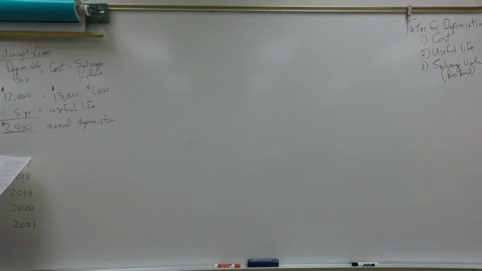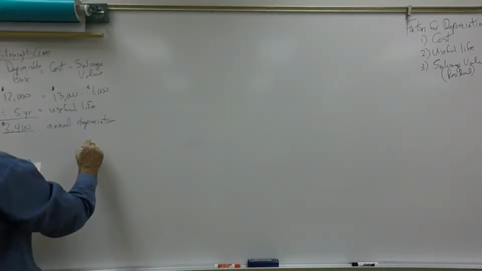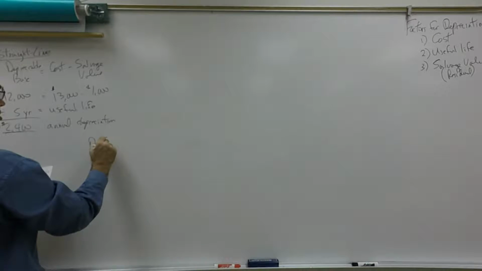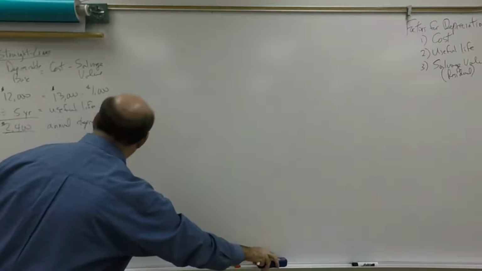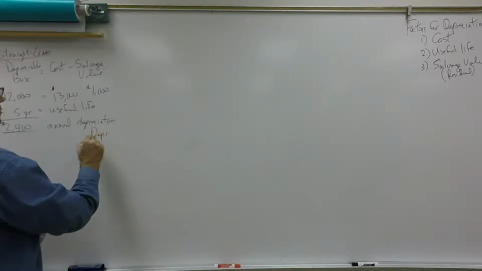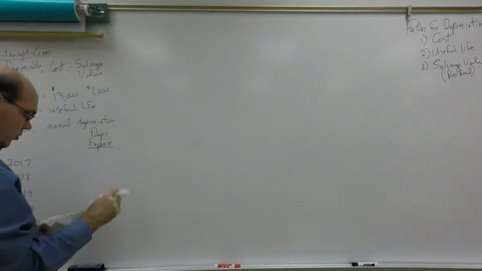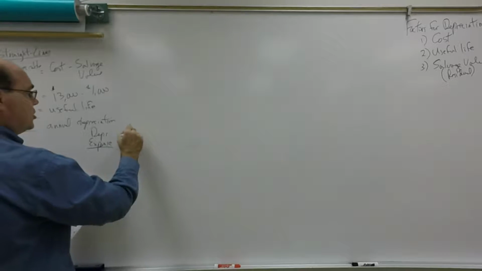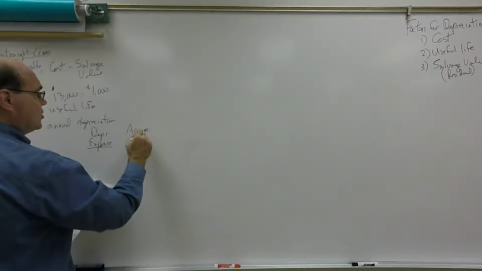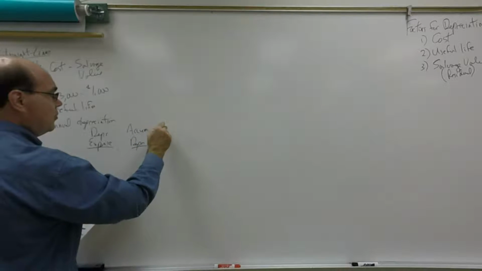So we're going to find our depreciation for the year, so our depreciation expense. We also want to show our accumulated depreciation, and then we finally want to show something called the book value.